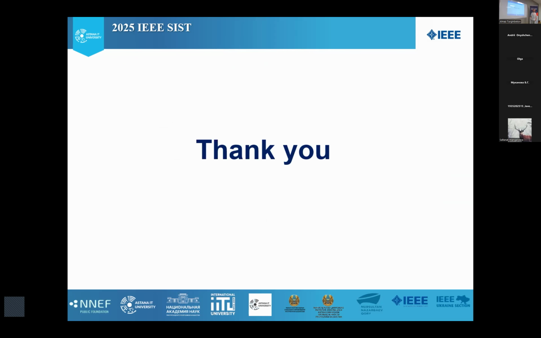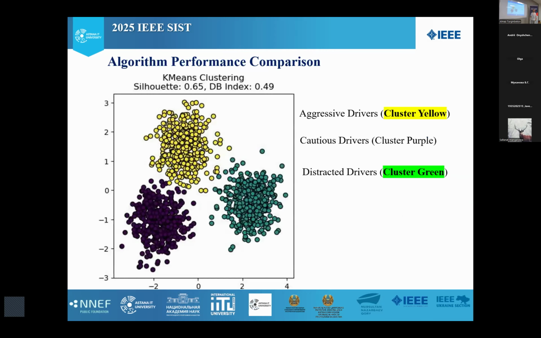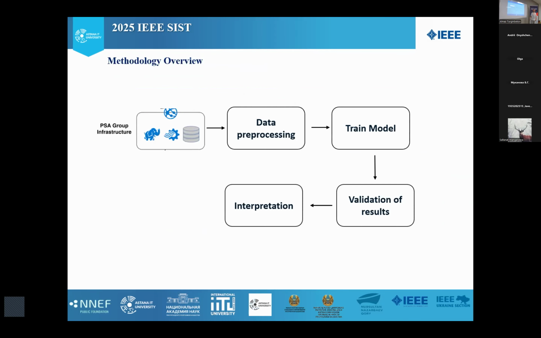Thank you very much. This is a very interesting and current research area, researching the behavior of drivers. Not a direct question, but could you assess, for example, for an aggressive driver and a very good driver, what is the probability of a car accident on each side?